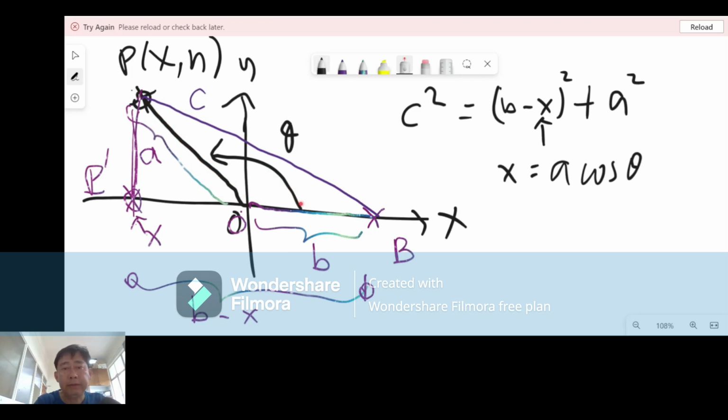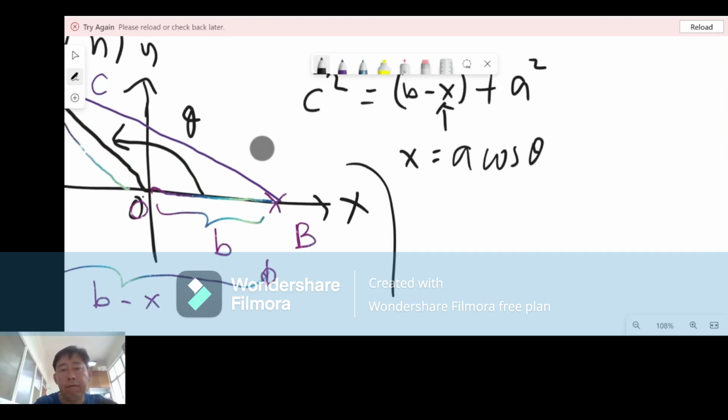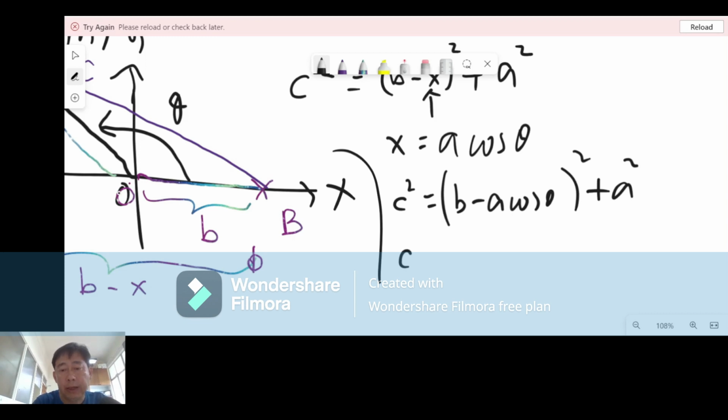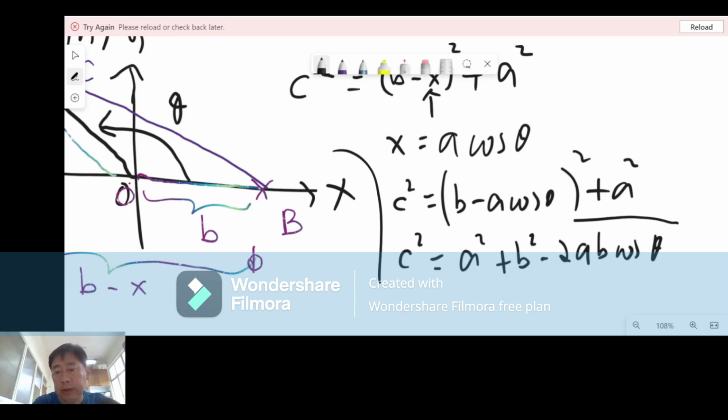So you would then substitute in the value of C squared equals B minus A cos theta, all squared, plus A squared. So you open this up, you get C squared equals A squared plus B squared minus 2AB cos theta. This is what we call the law of cosine.